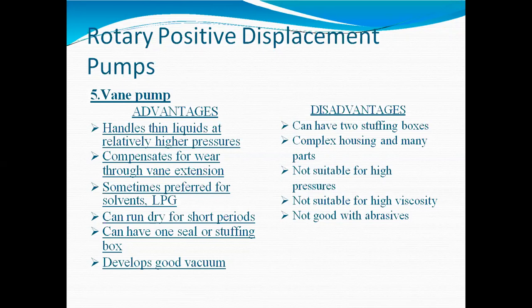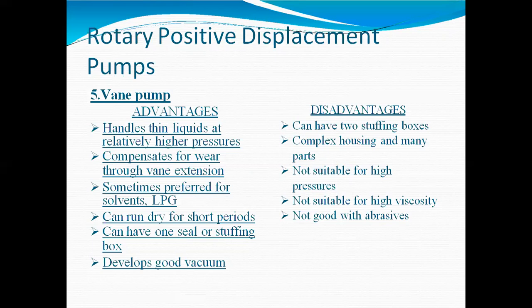The construction assembly is divided into two types, so it has two boxes. Then it will have a complicated assembly. The vanes are placed on the rotor, which will expand once your rotor starts rotating. So it is a complex assembly.